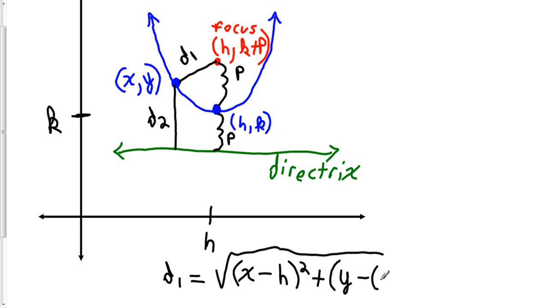So I'm going to put it in parentheses, k plus p, and this whole thing has to be squared. So this is the distance from this arbitrary point on my parabola to the focus.